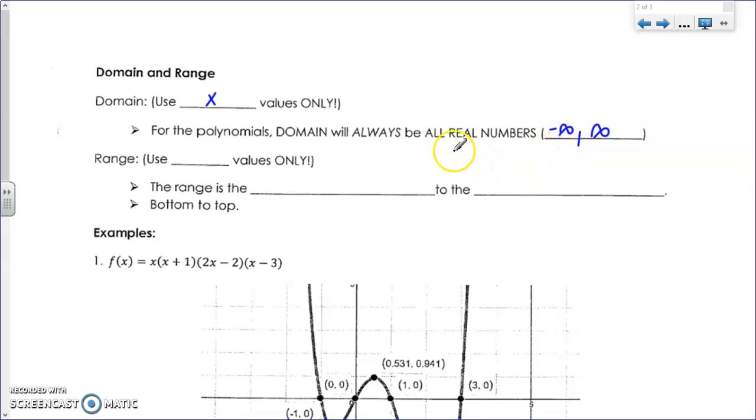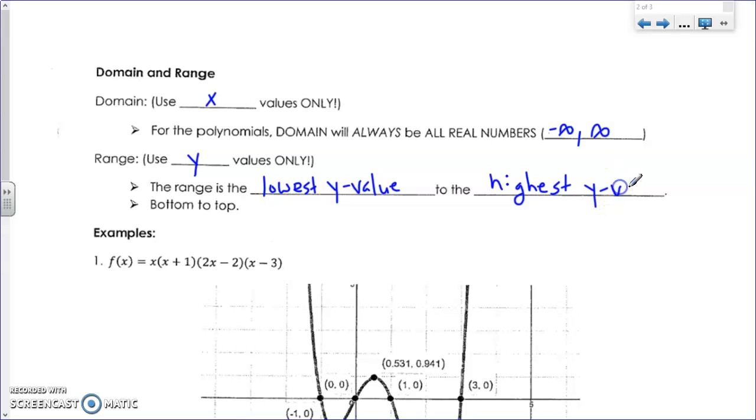But if it's just a polynomial you're graphing, the domain will always be all real numbers. Okay? The range we use Y, and it is the lowest Y value to the highest Y value.